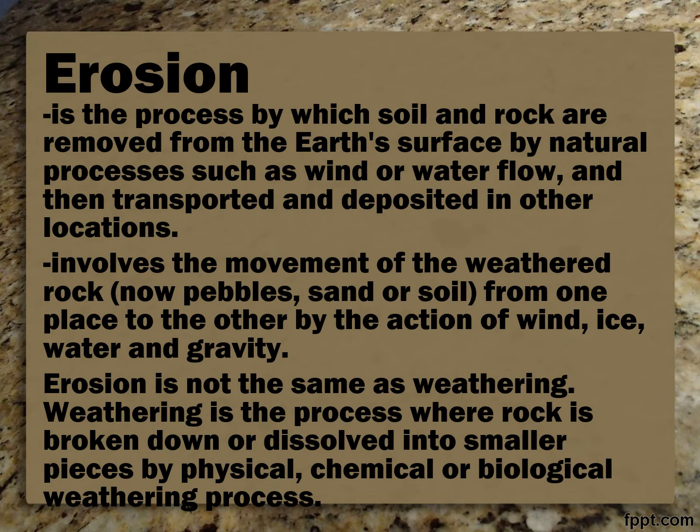Involves the movement of weathered rock, now pebbles, sand, or soil, from one place to another by the action of wind, ice, and water, gravity. Erosion is not the same as weathering. Weathering is a process where the rock is broken down or dissolved into smaller pieces by physical, chemical, or biological weathering processes. So basically, erosion now is a movement of your rocks from one place to another.